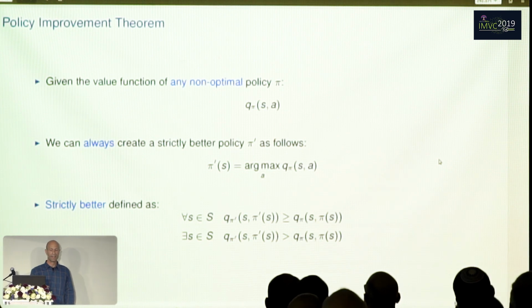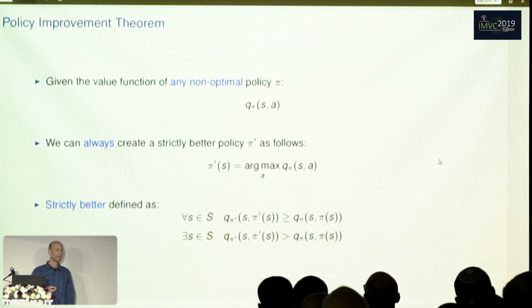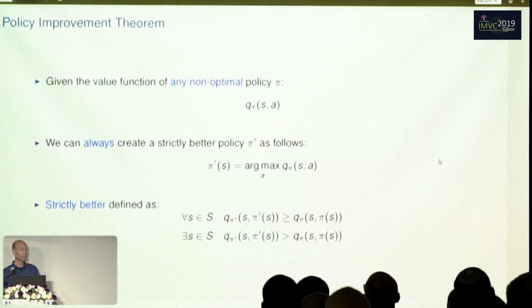In this case, the definition of a strictly better policy is that for every state in the state space, the Q value for the action dictated by the new policy is at least as good as the Q value for the action dictated by the old policy. And for some states, it's strictly better.